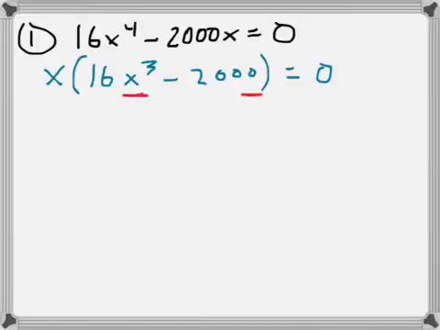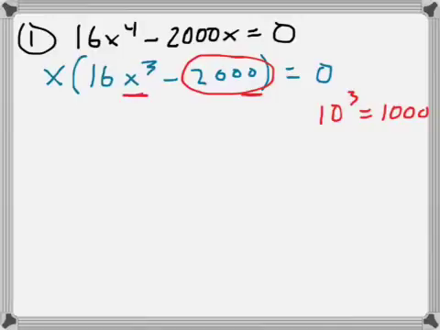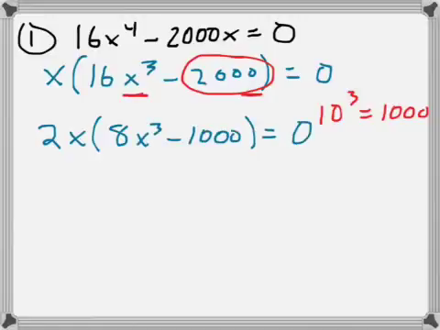And in fact, especially this number 2000 is going to be a little suspicious to me because hopefully I recognize that 10 cubed is 1000. So what would happen if I tried to make the last term 10 cubed? Well, let's factor out a 2 out of this now. So if I have 2x times 8x cubed minus 1000 equals 0.